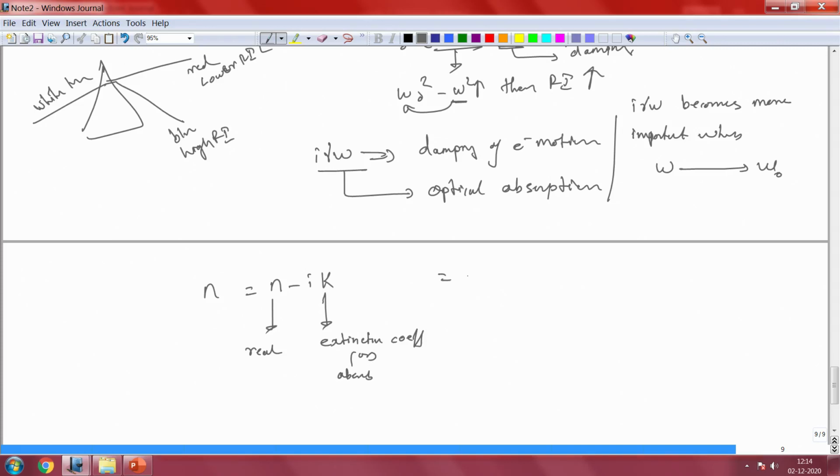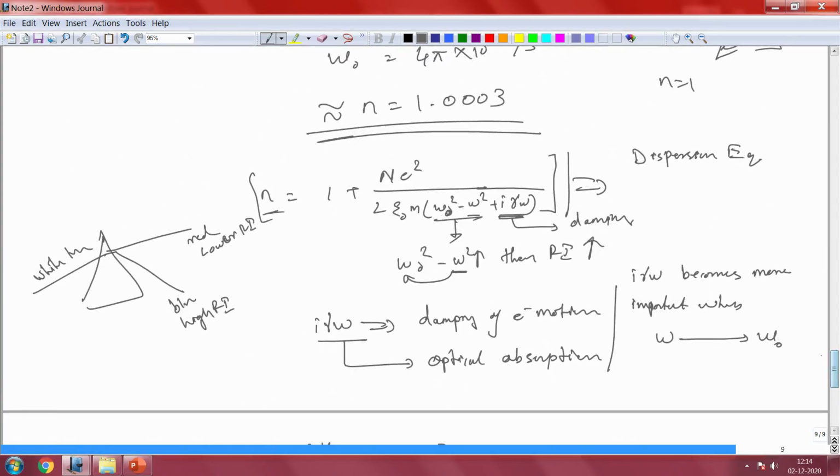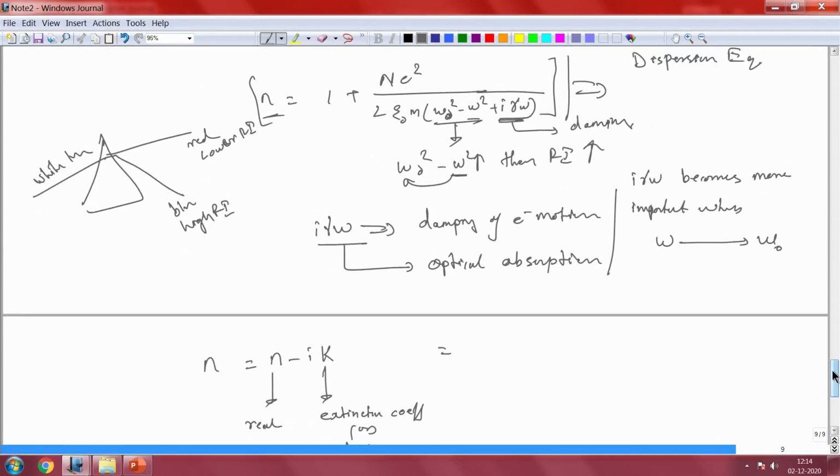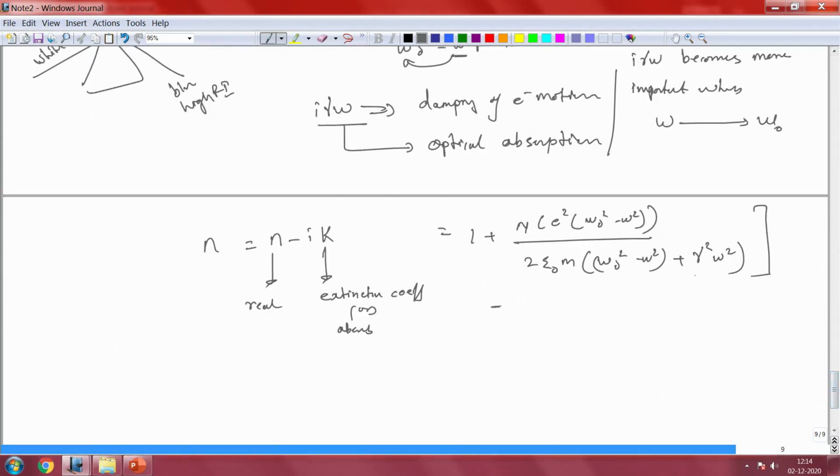You can take this dispersion equation and split the real and imaginary parts. If you do that, you will get something like this. Minus, okay, so this is the real part and then the imaginary part starts here.